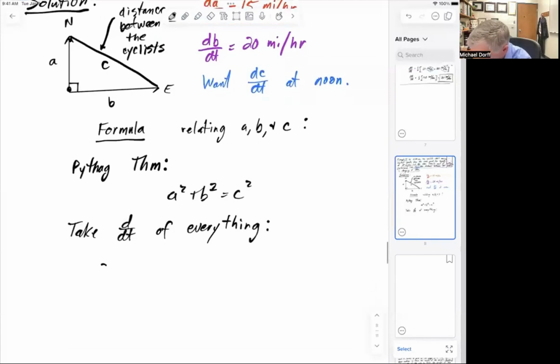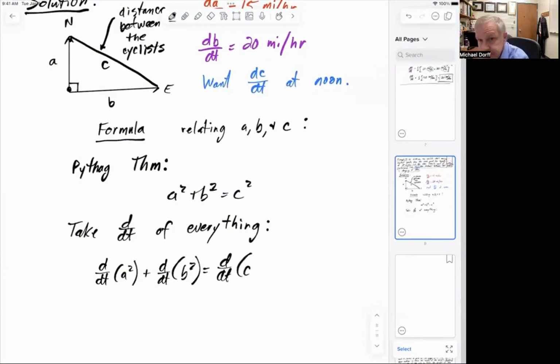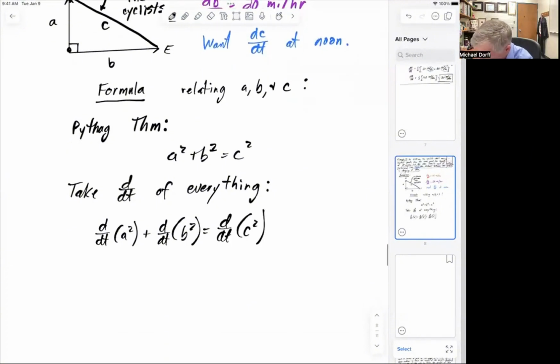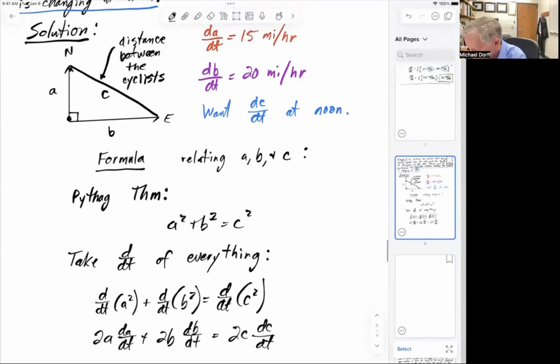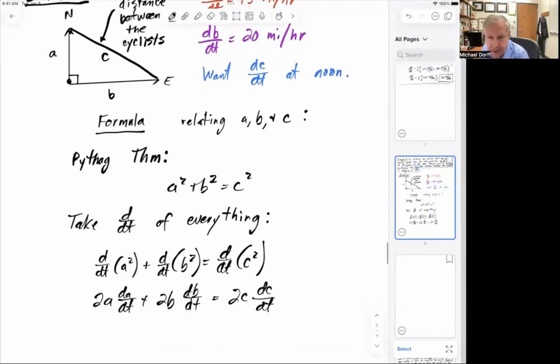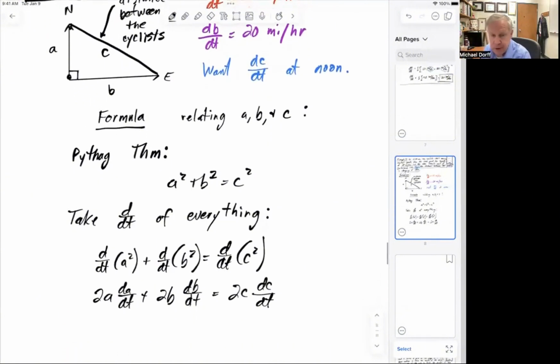We're going to take d/dt of a squared plus d/dt of b squared equals d/dt of c squared. When I do that, by the power rule I get 2a dA/dt plus 2b dB/dt equals 2c dC/dt. Some of you will notice I can cancel out the 2's, but we'll wait a little bit before we do that, to show why we can.